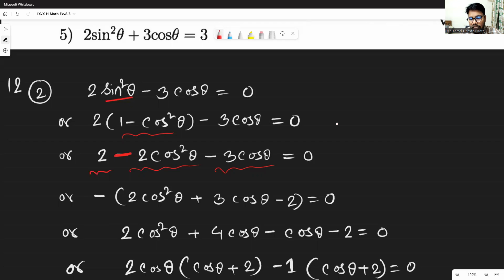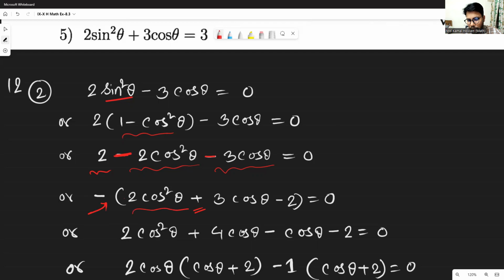Then each and every term's coefficient sign will be changed. Minus 1 is now plus 1, minus 3 is now plus 3, and plus 2 is now minus 2. So if we divide both sides by minus, or multiply both sides by minus, then we can eliminate this minus sign.